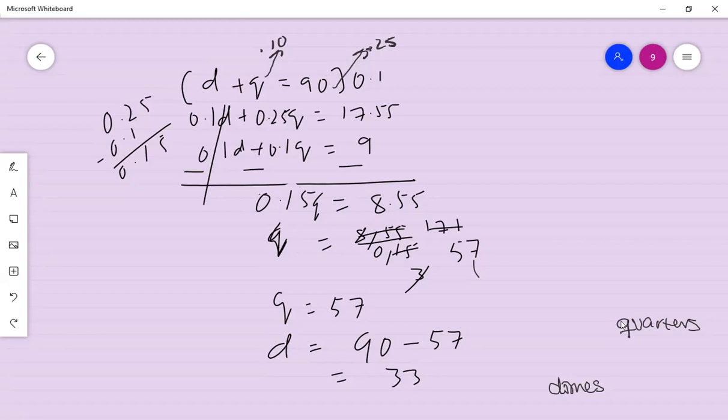And then that gives us 0.15 Q equals 8.55, divided by 0.15. Q equals 57. And then 90 minus 57 equals 33, which is the dimes.